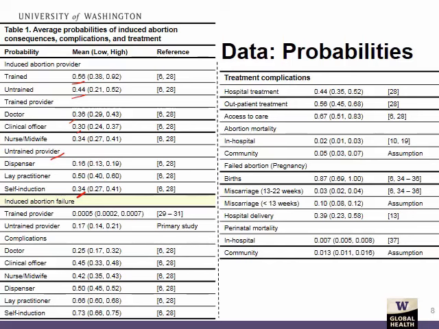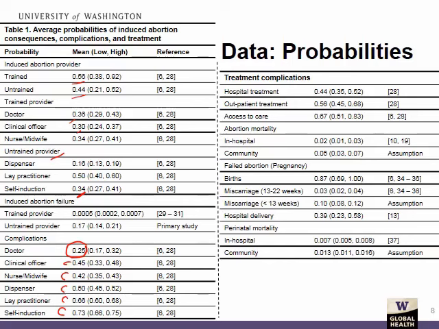Then you have complications, and like we said in the previous slide, doctors have a smaller probability of complications than clinical officers and even nurses, and dispensers and lay practitioners and self-induction have higher probabilities of abortion complications. So that's the disadvantage of not having a doctor do the abortion procedure.